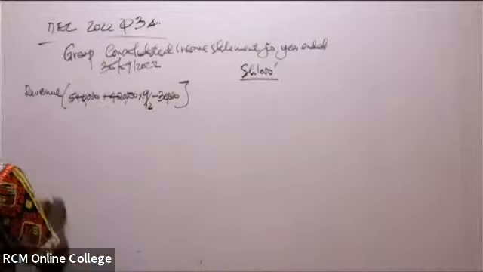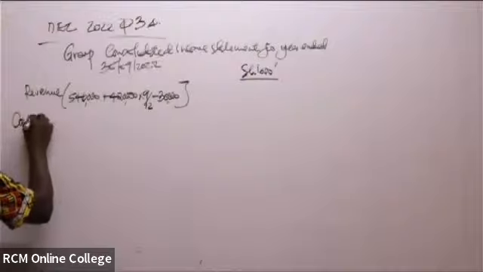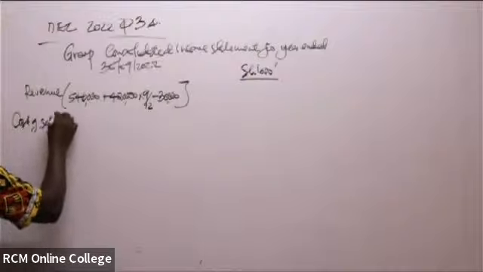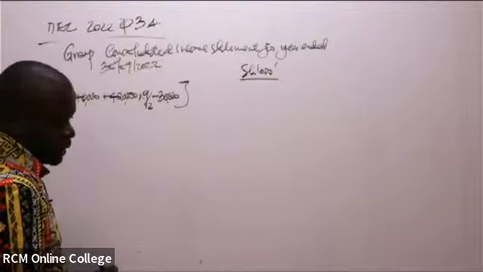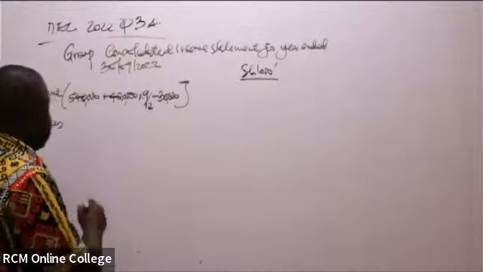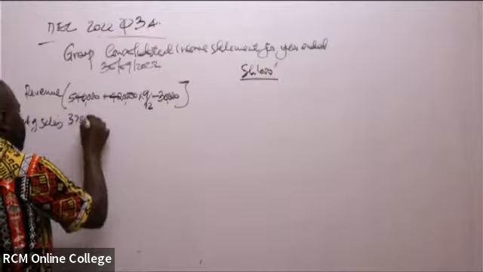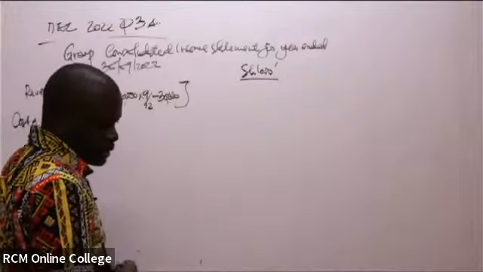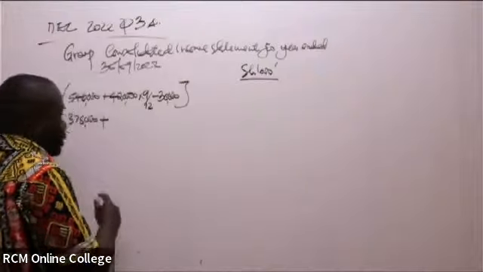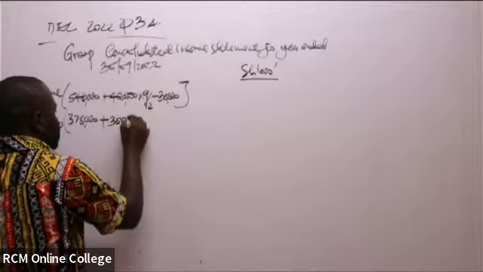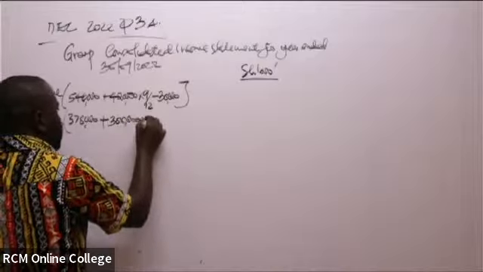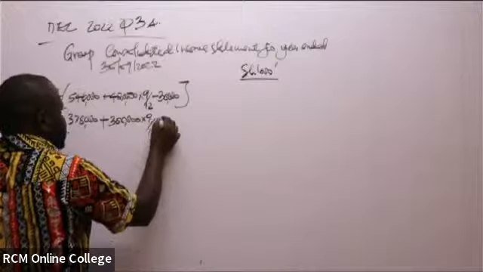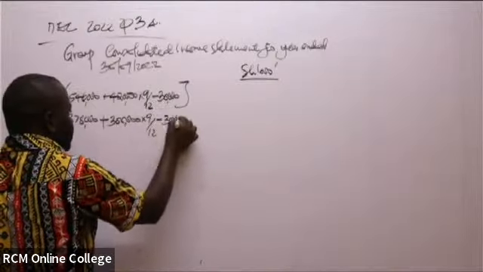Then you have the cost of sales. The cost of sales for the holding company, I think, is 378,000, plus the subsidiary's 300,000 multiplied by 9 out of 12. You less the intercompany sale of 30.